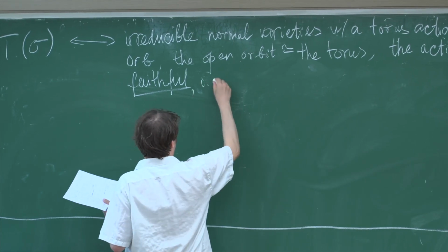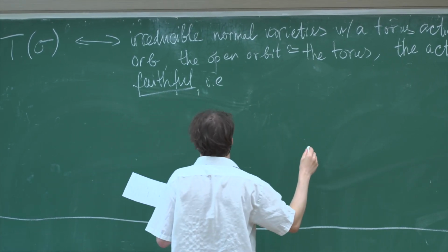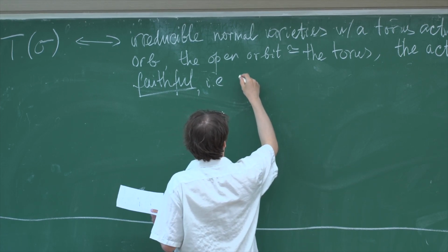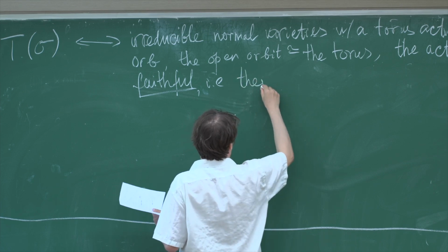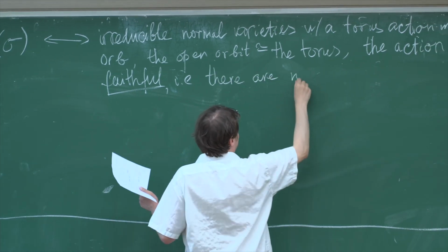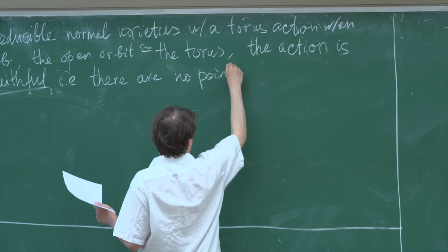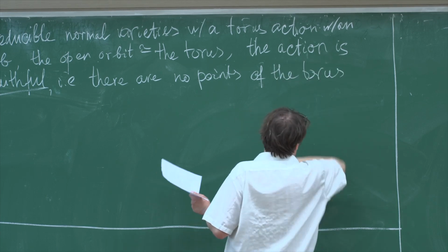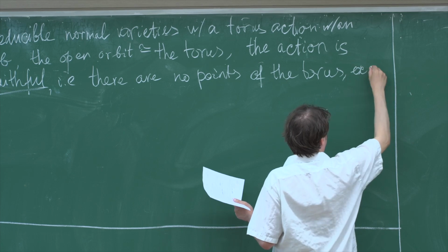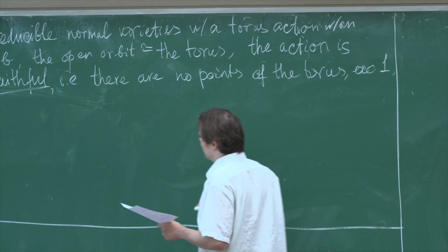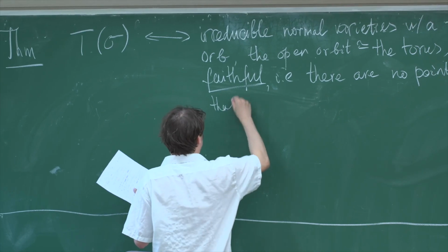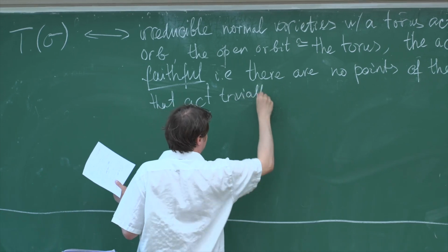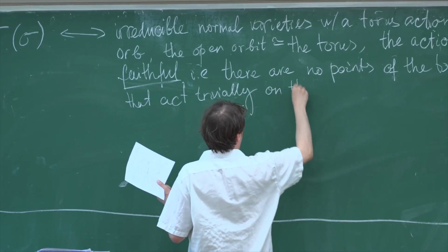Which means that there are no points of the torus except one that act trivially on the whole variety.